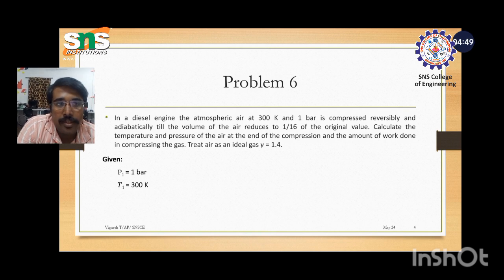Definitely they will increase during the compression, and we are also going to find the work done for compressing the gas. You know the values: P1 as 1 bar, T1 as 300 Kelvin, V2 by V1 as 1 by 16, and gamma as 1.4.